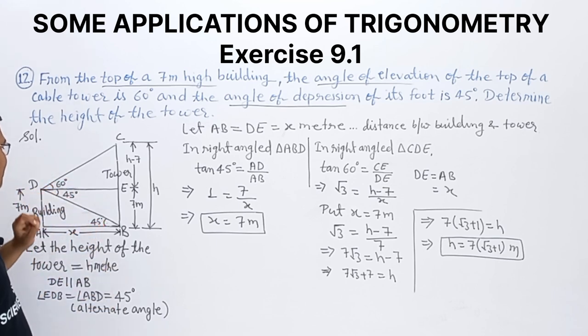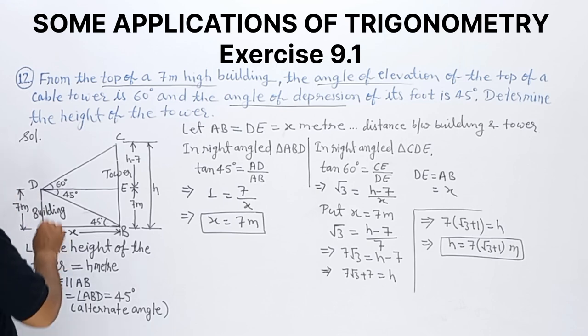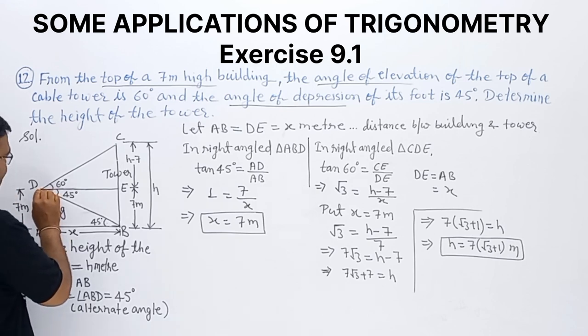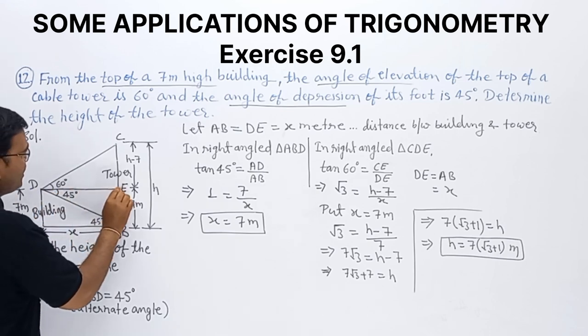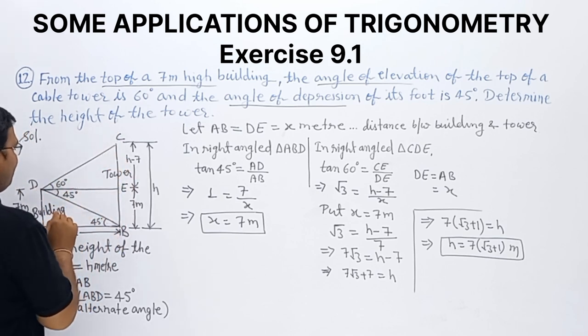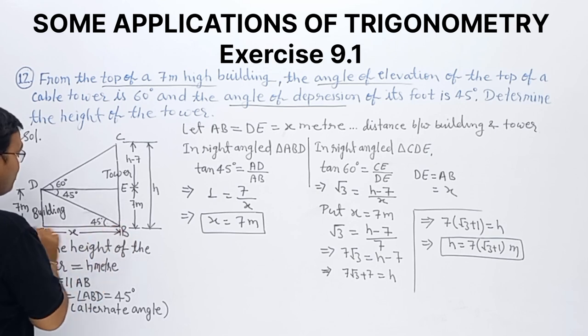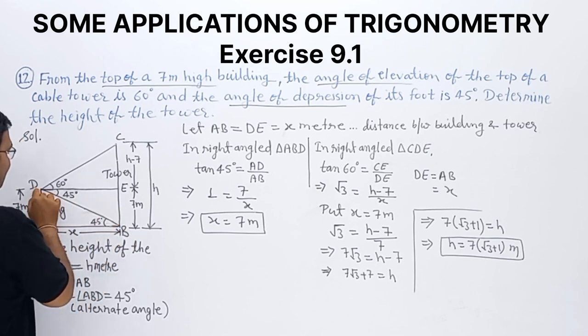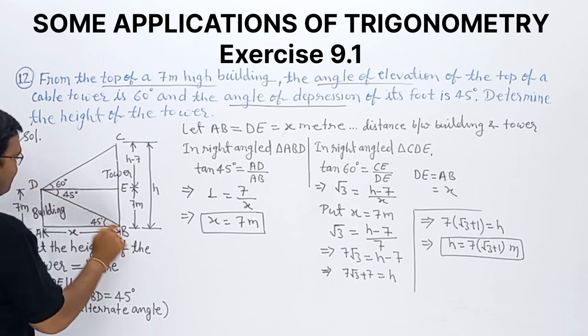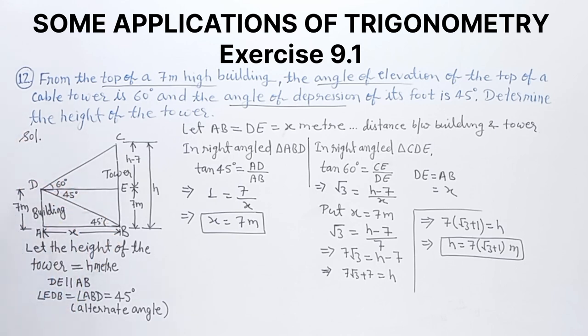Once we extend this point D towards the tower, we get the perpendicular to BC. These are two parallel lines with a transversal, so these angles are equal as alternate interior angles. So this 45 means this will be 45.